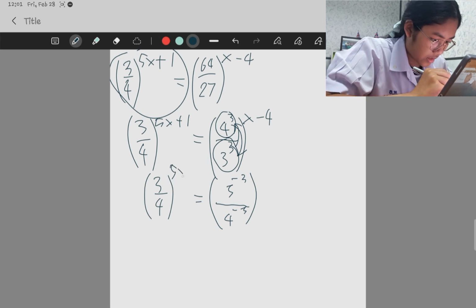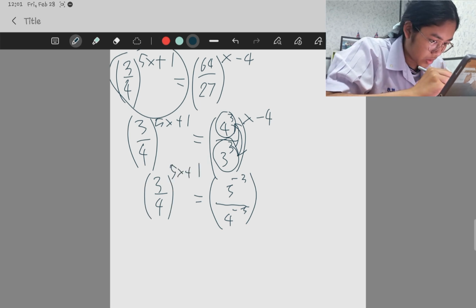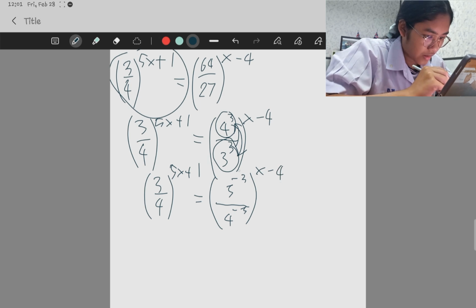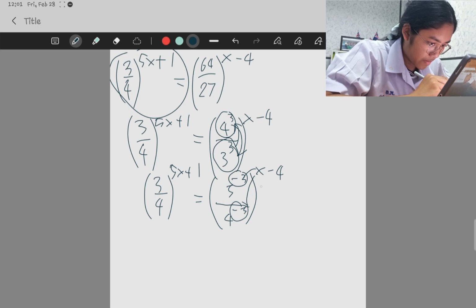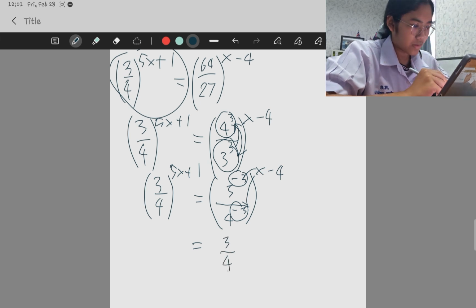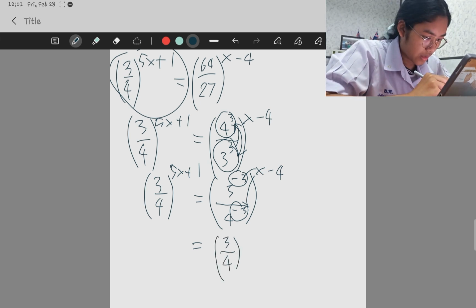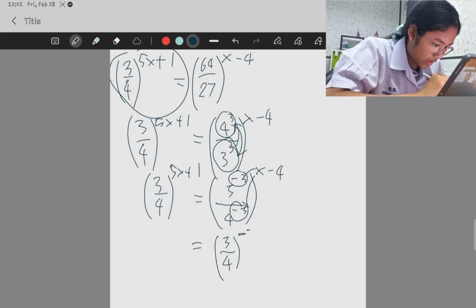Okay, and then move both of them, multiply to the x minus 4, and it becomes 3 over 4, and multiplying them, it becomes negative 3x plus 12.